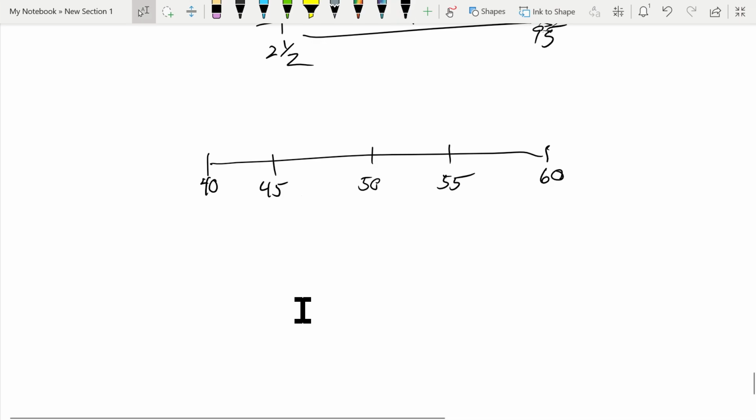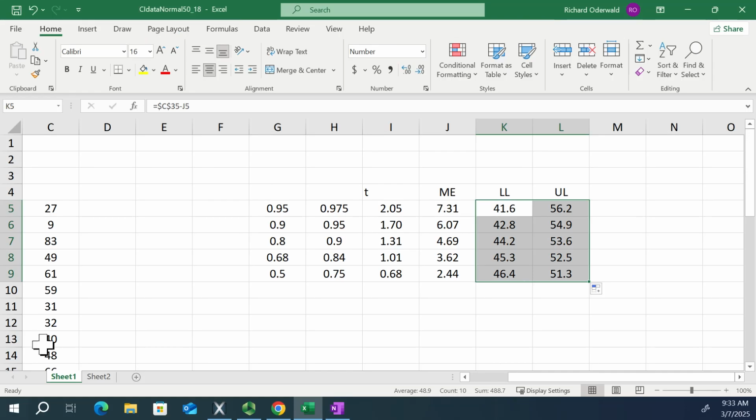But the first interval, what's the lower limit for the 95% interval? 41.6, and it goes to 56.2.